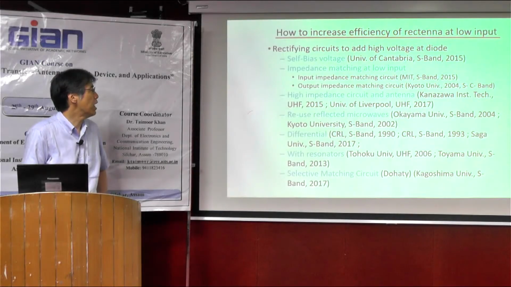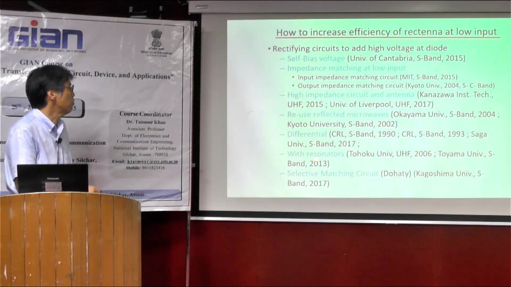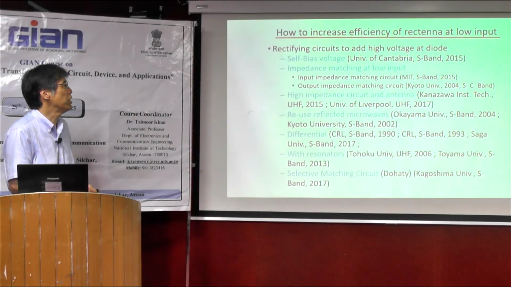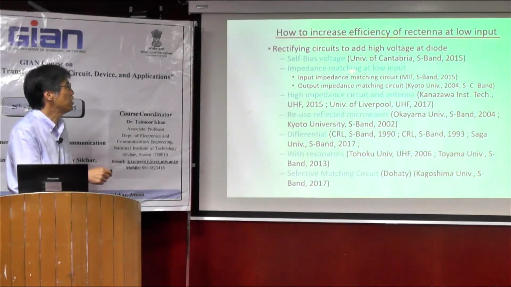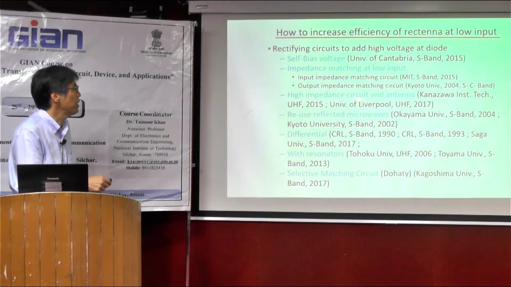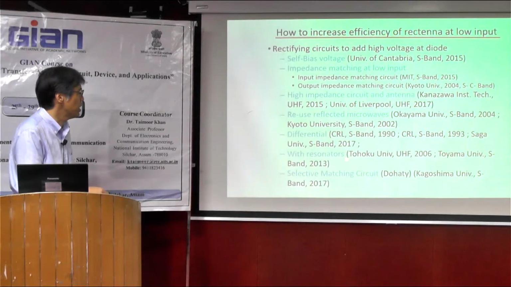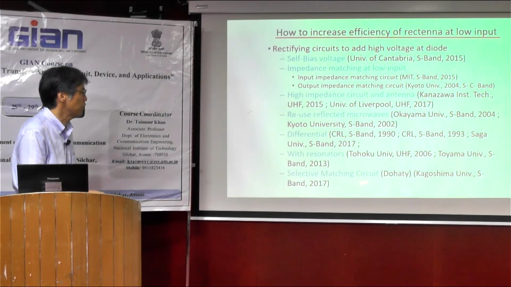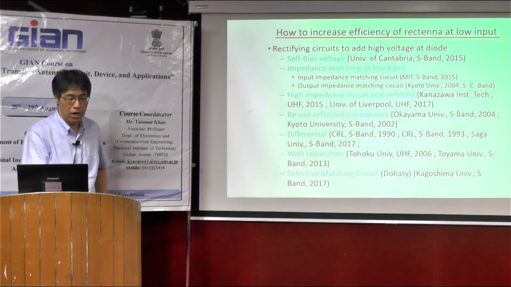I checked a lot of papers, and I found a lot of interesting approaches to increase the efficiency and the output voltage at the energy harvester: self-bias voltage, impedance matching at low input, high impedance circuit and antenna, reuse of reflected microwave, differential rectenna, resonator adding circuit, selective matching circuit, etc. So I'd like to introduce them in order.